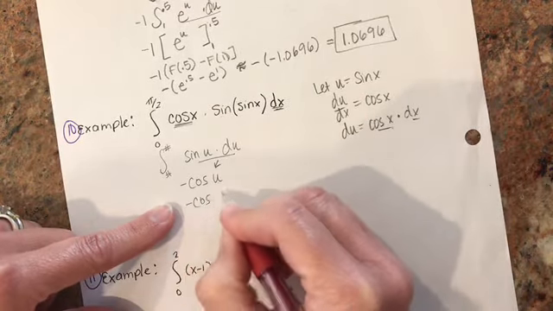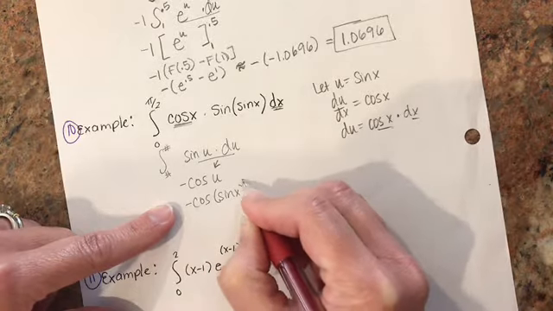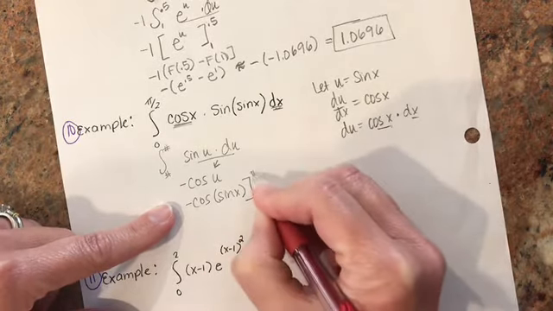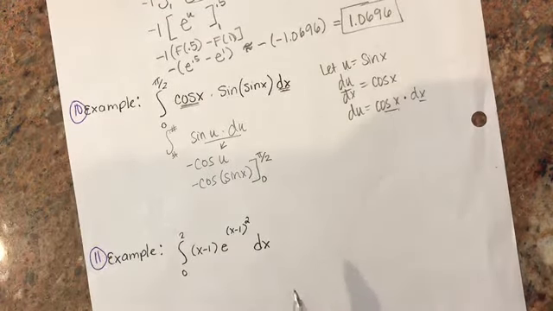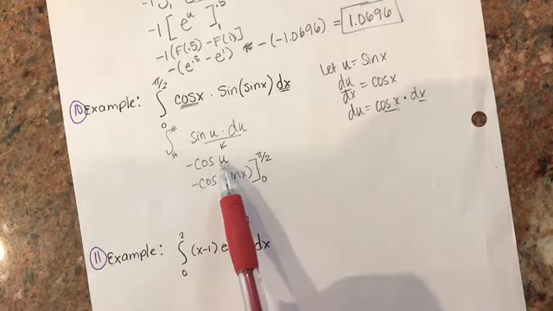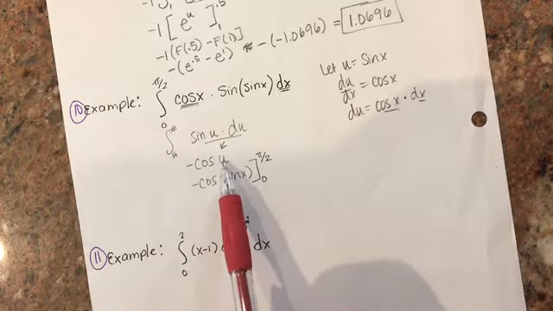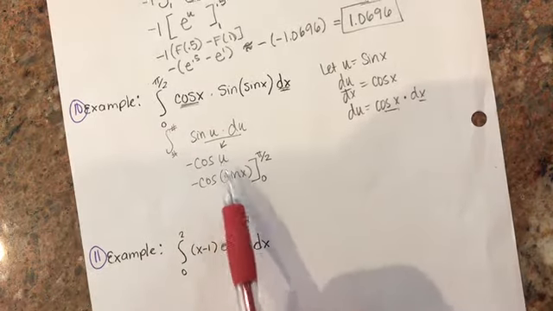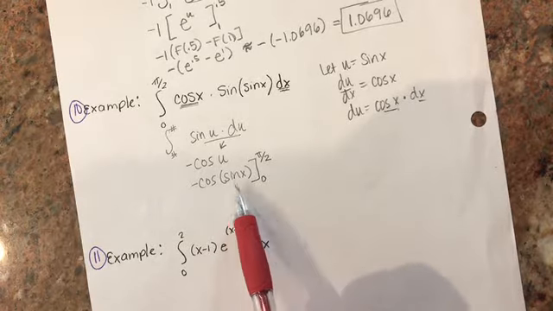So negative cosine of sine of x, and we want to evaluate that from 0 to pi over 2. Why did we do it this way? I thought it was more of a pain to plug in u here and do the 0 and pi over 2, where it was really easy just to put the sine of x back in.